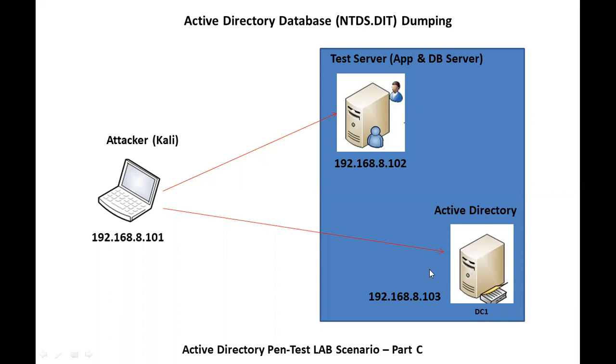So we'll be using that user account to see how we can exfiltrate the ntds.dit file, and also see how we can use a pass-the-hash attack to compromise this test server, because right now we've not been able to discover any vulnerability on the test server. So let's go on to the lab.